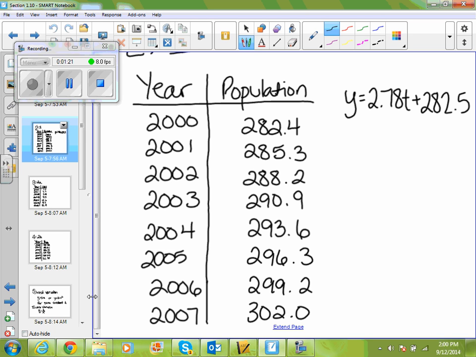Okay, and then put your population into list 2. So you'll just go over and then you'll put your population in next to it.